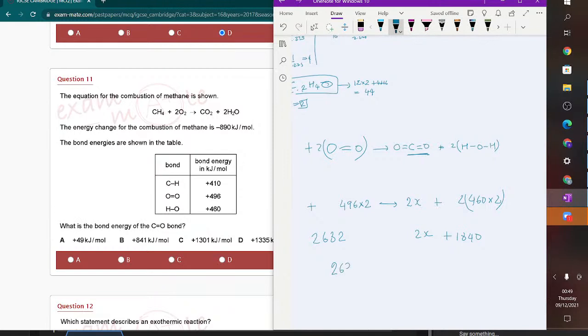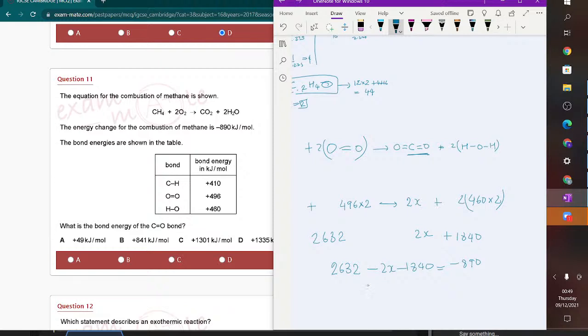So 2632 minus 2x minus 1840 gives you minus 890. Let's subtract 2632 minus 1840.